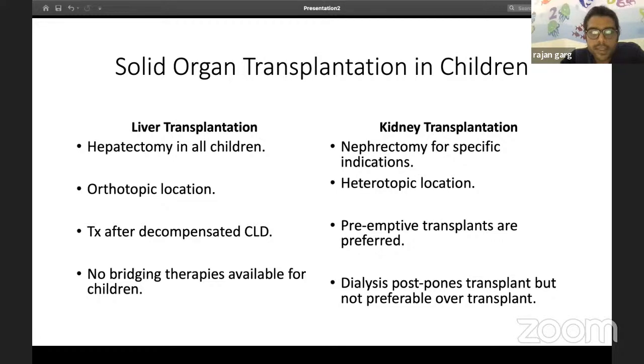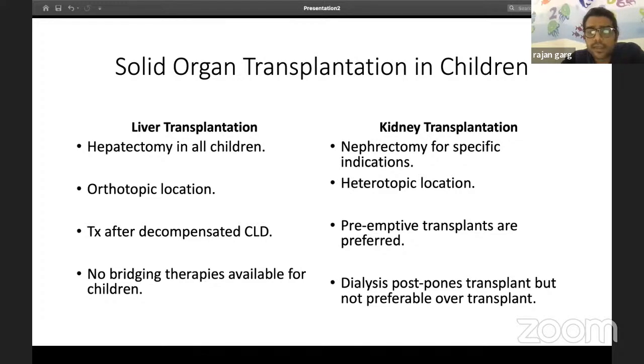Stage of decompensation in cases of CLD means that the liver is working as of now, but it has reached a point where it has lost the synthetic function of proteins, for example. It will be reflected in the prothrombin time being prolonged, INR getting prolonged, and the serum albumin going down.